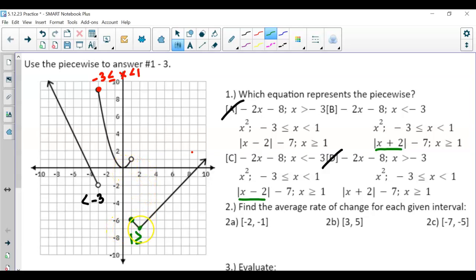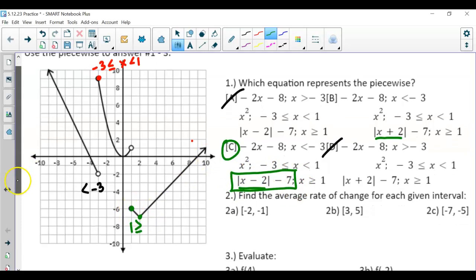So here, this is the start, like the 0, 0. We went 2 to the right and then 7 down. Which of these represents 2 to the right? C, because remember on the inside, it's opposite. Then of course you could graph this in Desmos and check to make sure that it matches the graph.